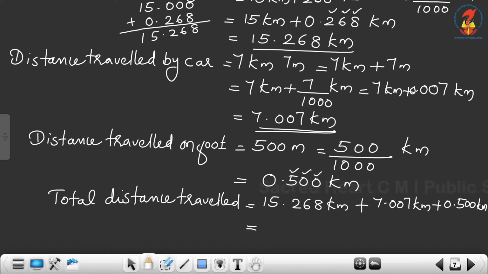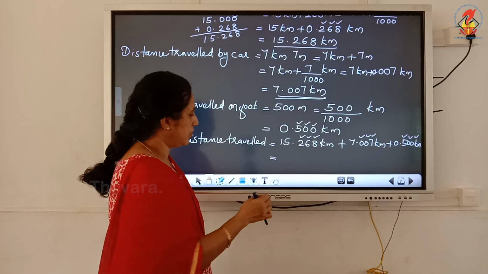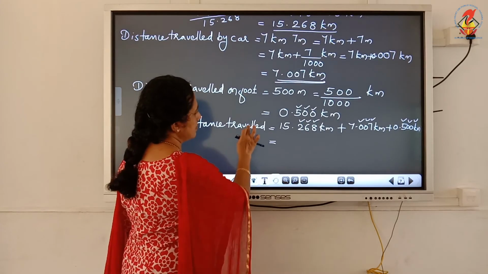Now we have to look into whether they are like decimals. Before adding, count the number of decimal places. 1, 2, 3. Again 1, 2, 3, 1, 2, 3. So we can say that all the three decimal numbers are like decimals.